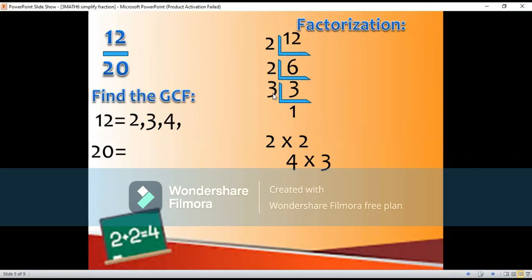The 3 will be written as another multiplier of 4. After writing 4 as one of the factors of 12, we will find the next number. There is no 5 here, so let us proceed to 6. 6 is the halfway of 12.